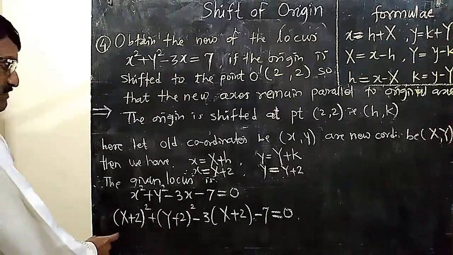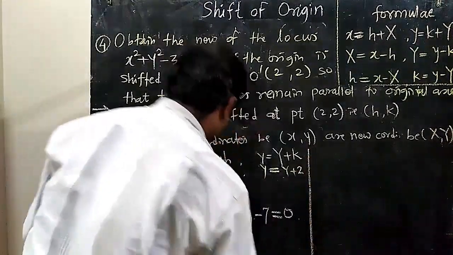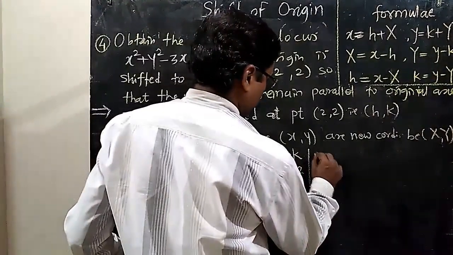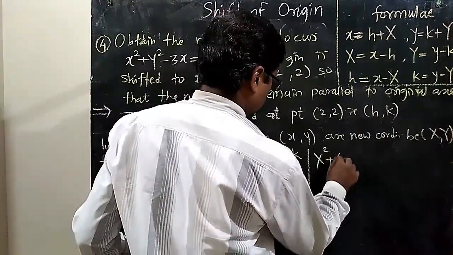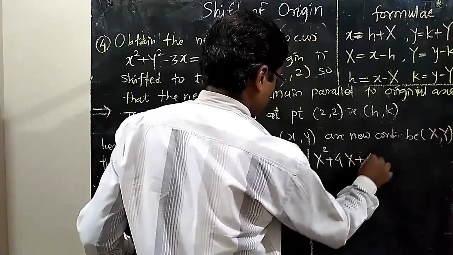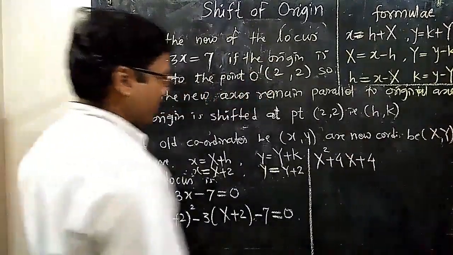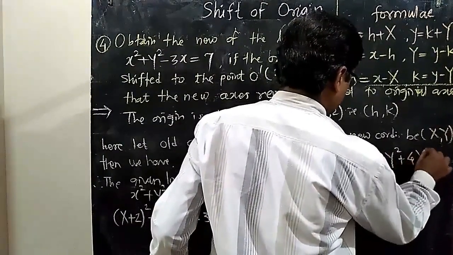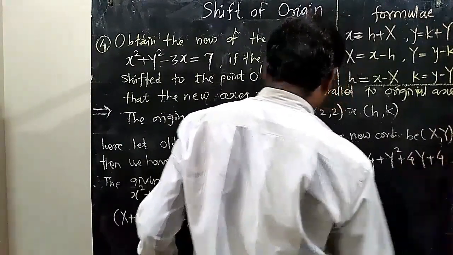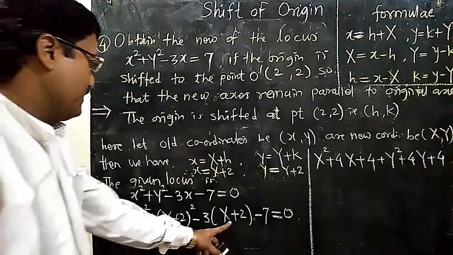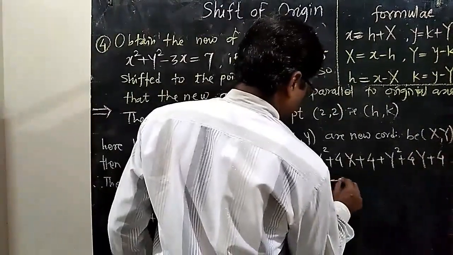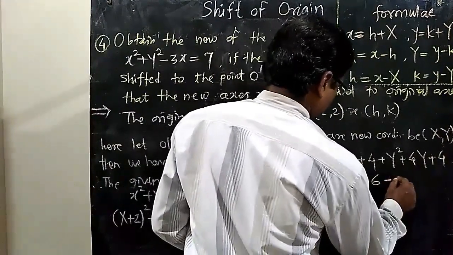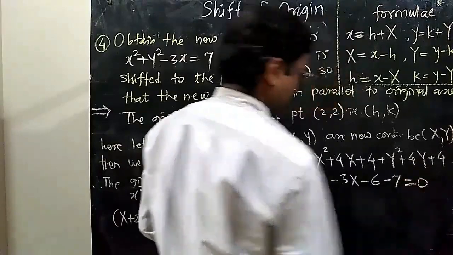If we simplify this, we get X square plus 4X plus 4, similarly Y square plus 4Y plus 4. Next one is minus 3X and minus 6. And the last constant is minus 7.